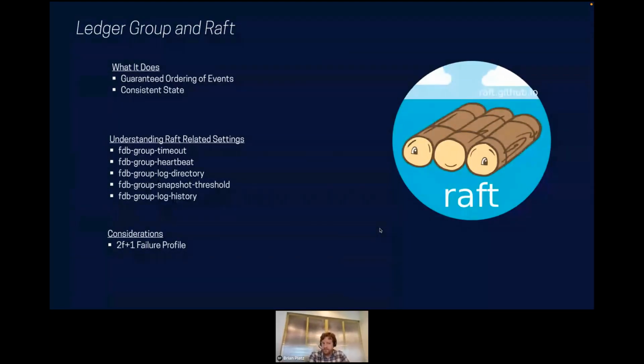The other consideration with the ledger group, and this is specific to Raft, although it's consistent with this general class of consensus protocols, is that it has a 2F plus 1 failure profile, or equation.